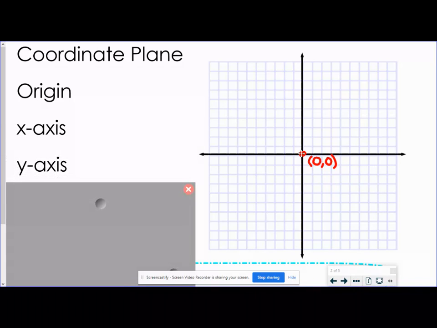And then we have the x-axis and the y-axis. The x-axis is this horizontal axis, and the y-axis is the vertical. Let's see if I can write this sideways for you.